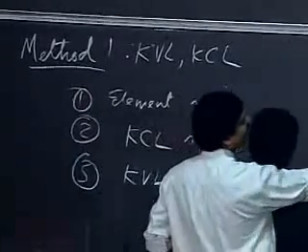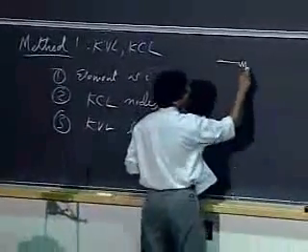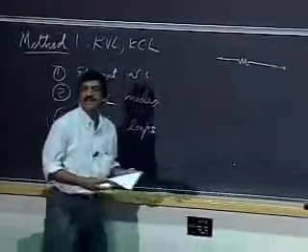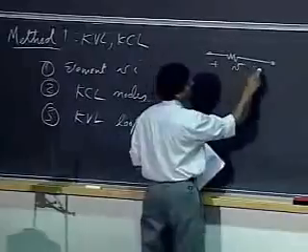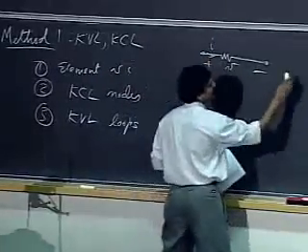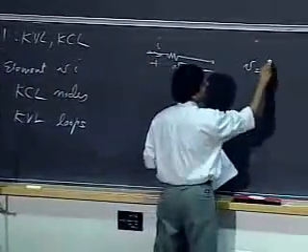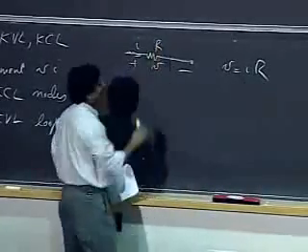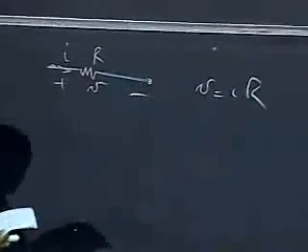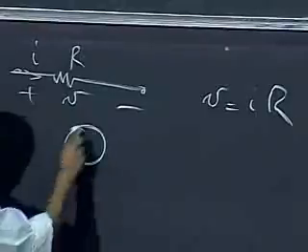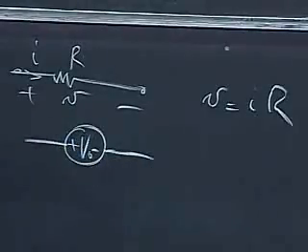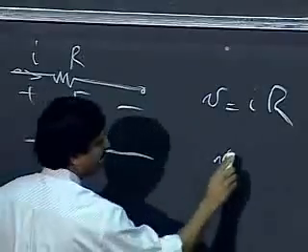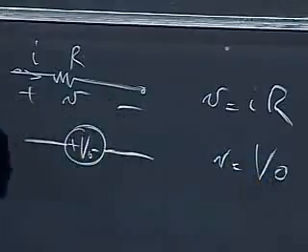But just as a refresher, we've looked at a bunch of elements so far. For a resistor, the element relation says that V is IR, where R is the resistance of the element here. For a voltage source, V is equal to V naught.